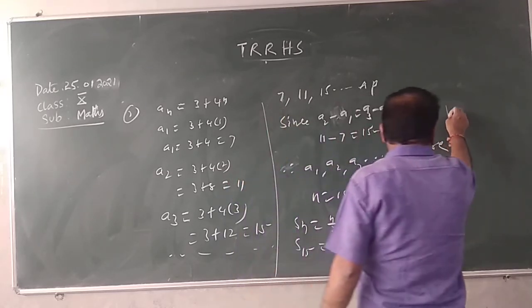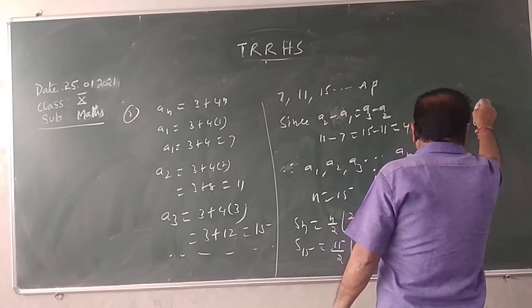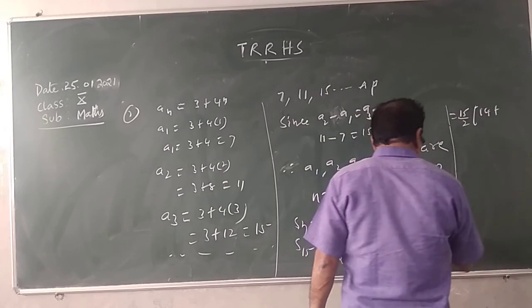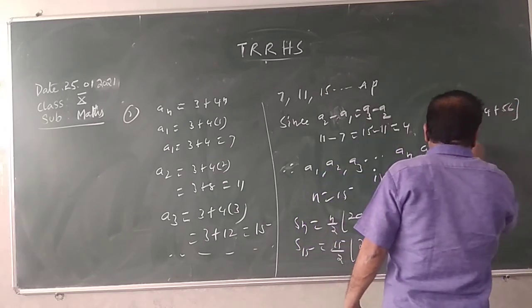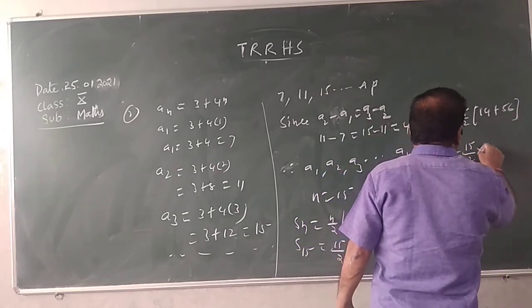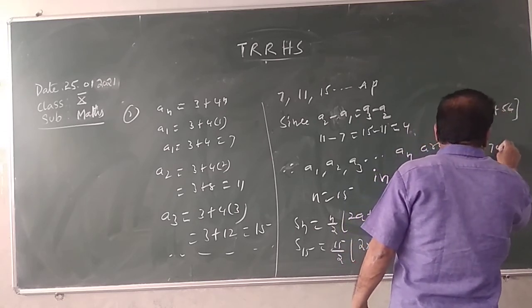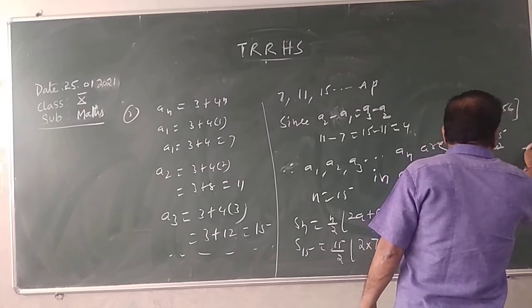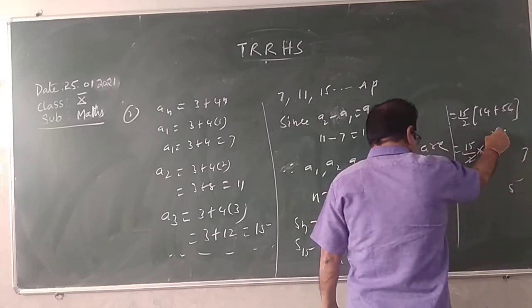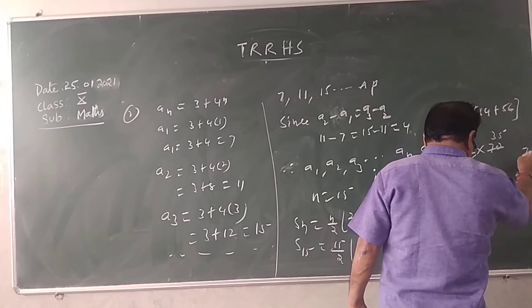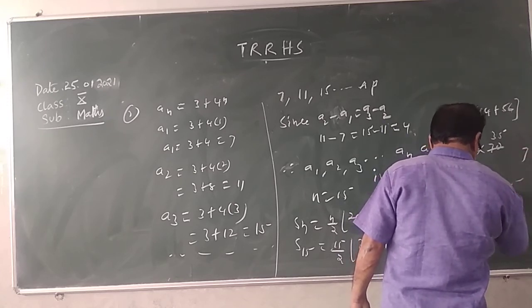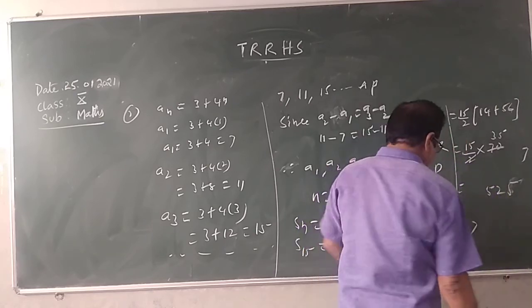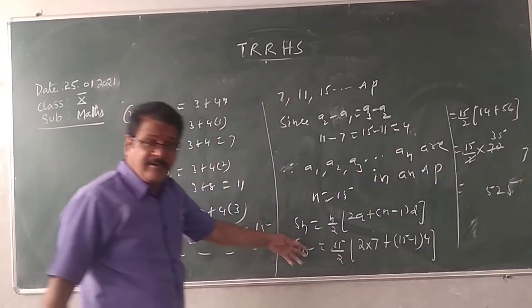So 15 by 2 into 14 plus 14 into 4, which is 56. So 15 by 2 into 70, which is 15 into 35, equal to 525. The sum of the 15 terms is 525.